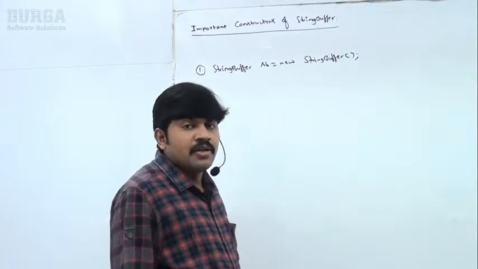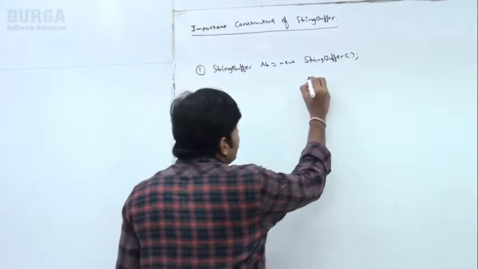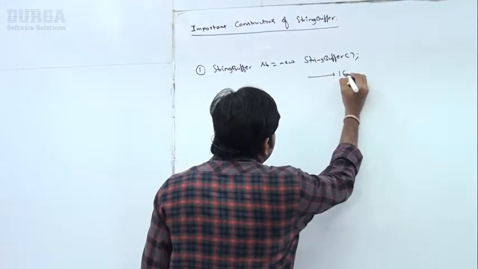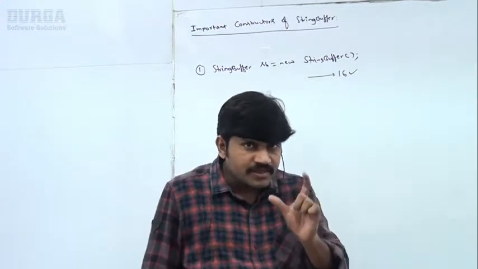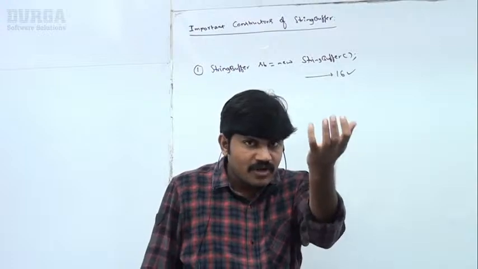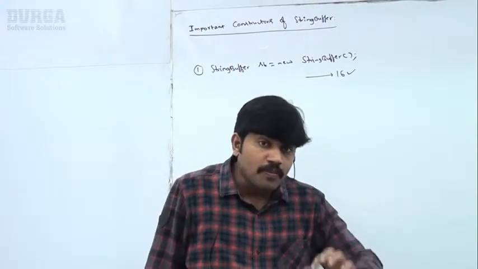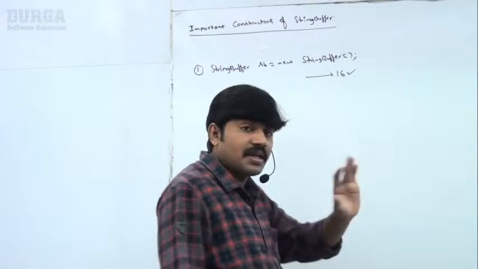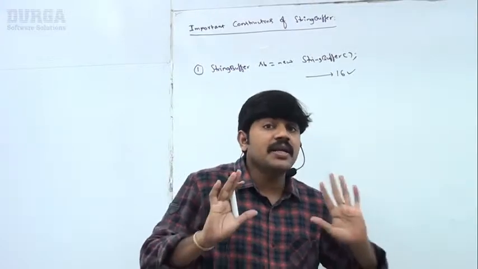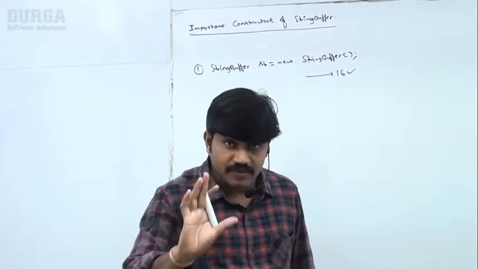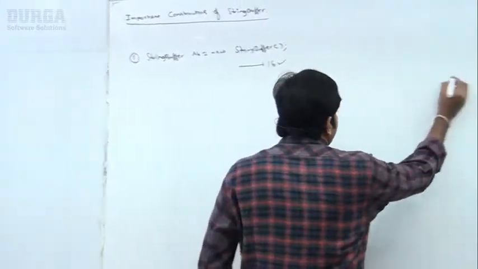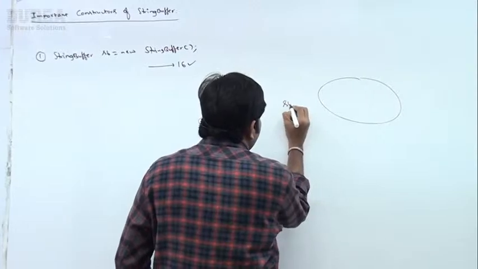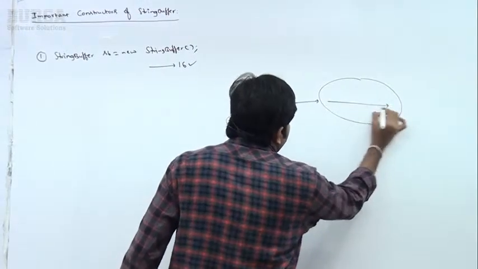Very, very important: 16 is the default initial capacity. Once we create an empty StringBuffer object, it can accommodate 16 characters. Remember that. Suppose these 16 characters are completed.